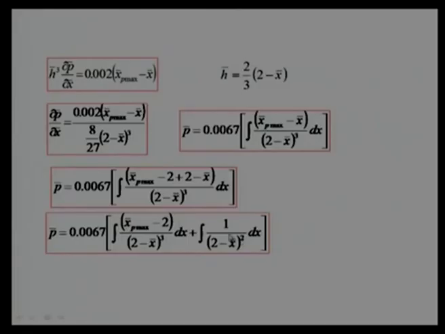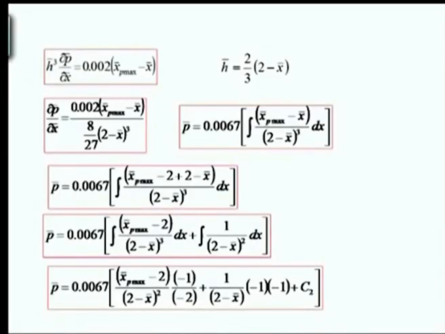Now, I can integrate this easily, and once we integrate, we can use an integration constant that can be evaluated based on the boundary condition which we know. If we do the integration for the first term, this is a constant term x bar p max minus 2, while the integration of this will be 2 minus x bar power 2.